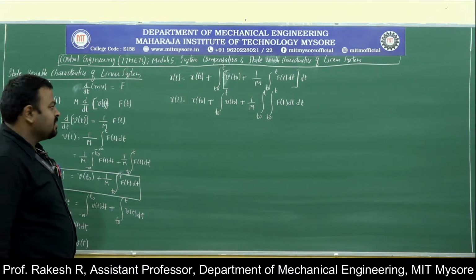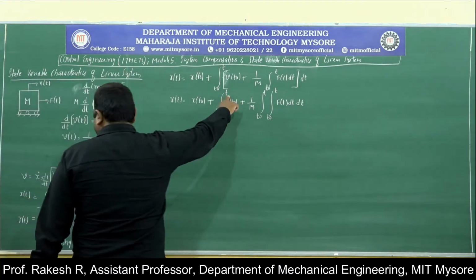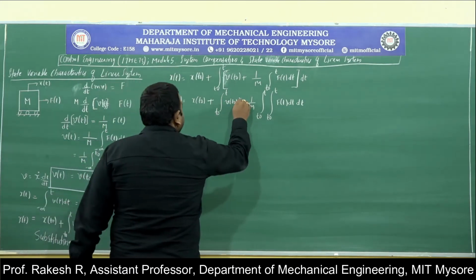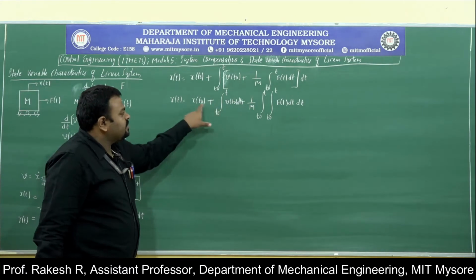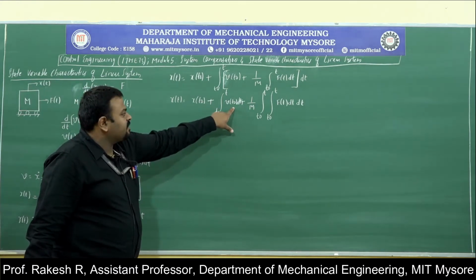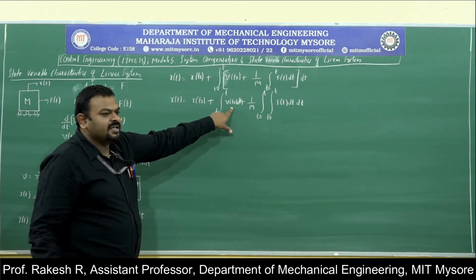After getting this, integral of t naught to t into v naught dt can be represented as x of t.